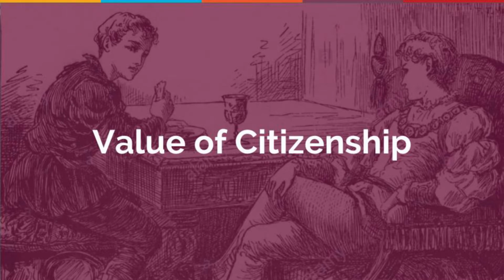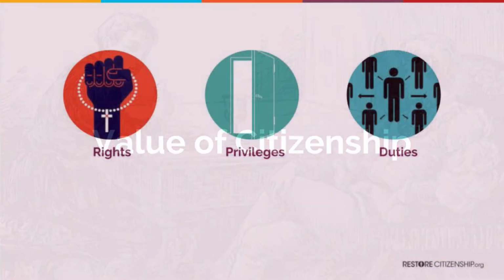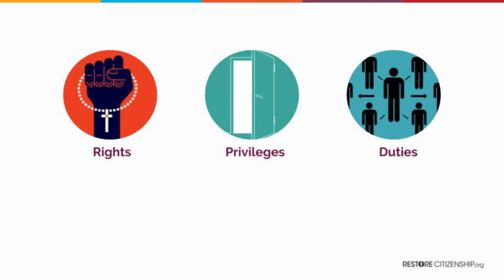Now let's look at the value of citizenship, which are rights, privileges, and duties. Rights are the moral or legal entitlements given by the nation state, which comprises authority, law, and government. Privileges are the benefits of belonging to the nation state, such as free healthcare, benefits, and so on and so forth.